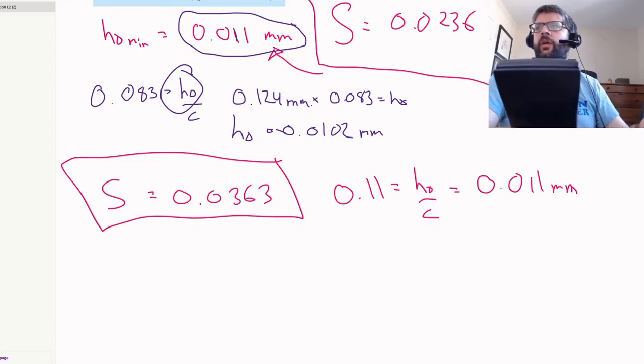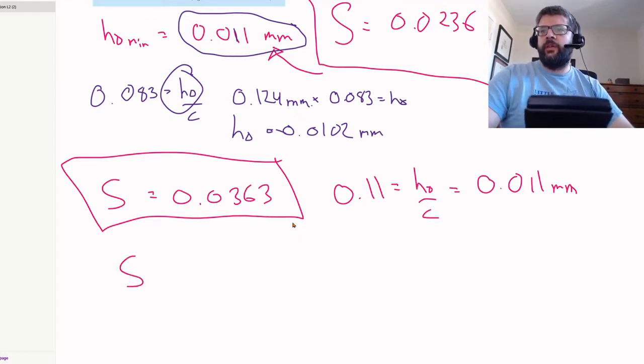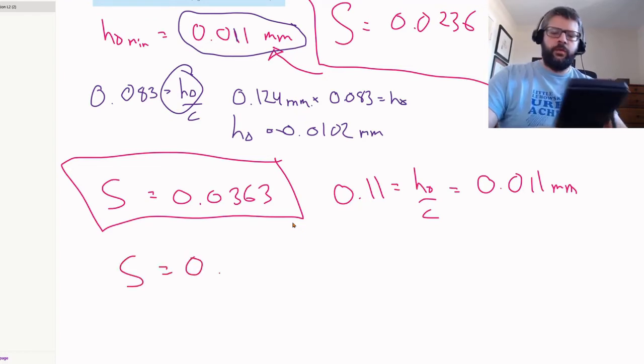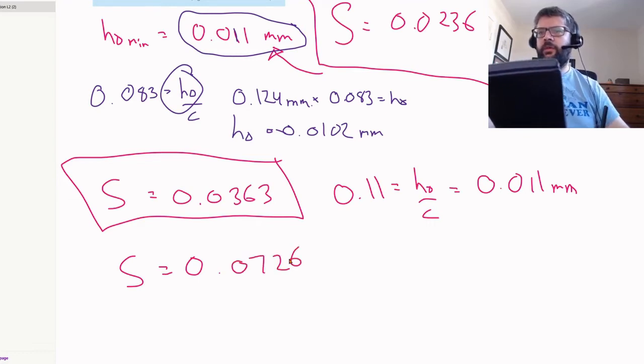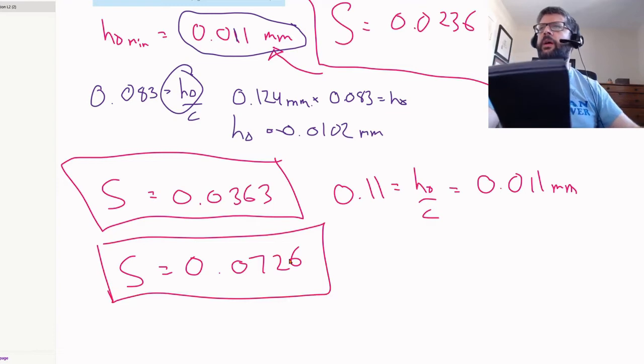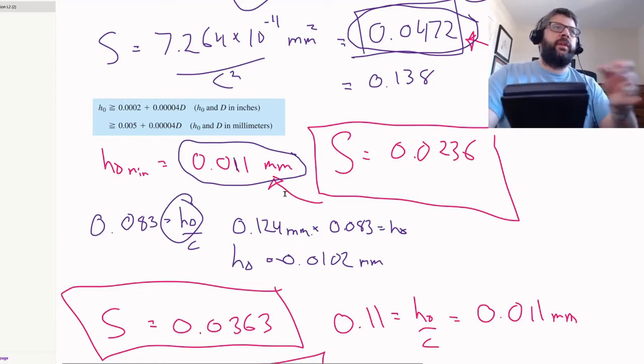So our actual condition without the double of the load would be an S equal to 0.0726. We'd need to figure out what sort of tolerance ranges we'd need to work with.